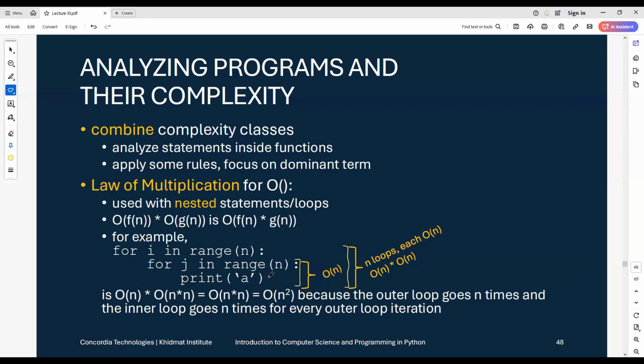So the complexity for this would become big O of n for the outer times the complexity of the inner loop being run, so that this nested for loop also produces the quadratic complexity, or complexity of n squared.